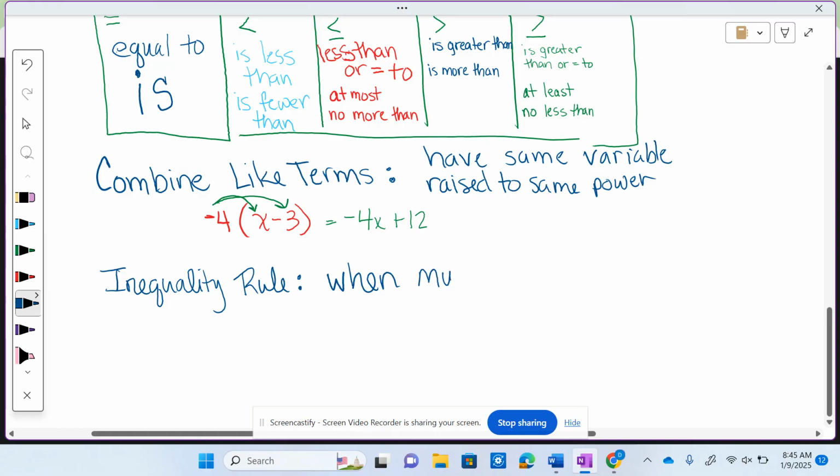So when you multiply, and I'm going to abbreviate that, mult / div, because these are notes. When you multiply or divide by a negative, you must flip the inequality symbol.